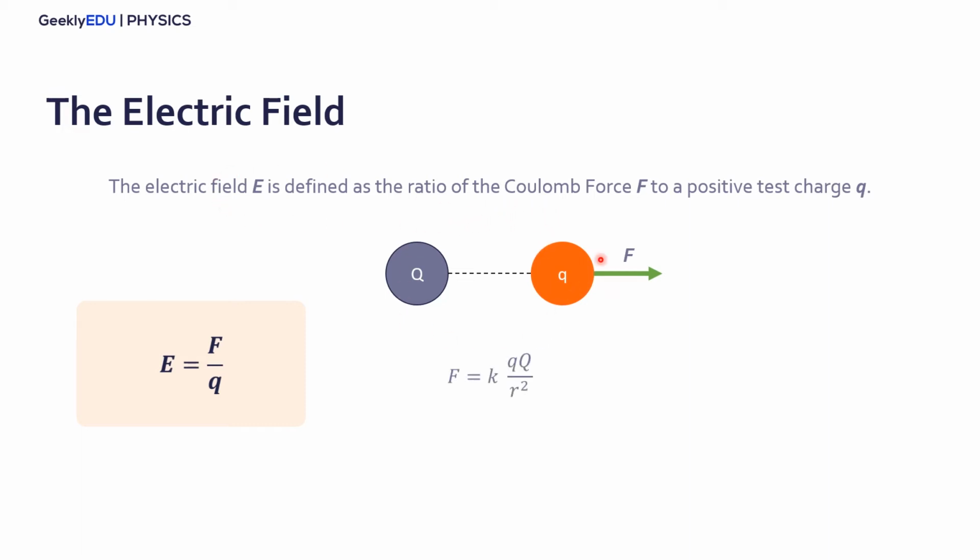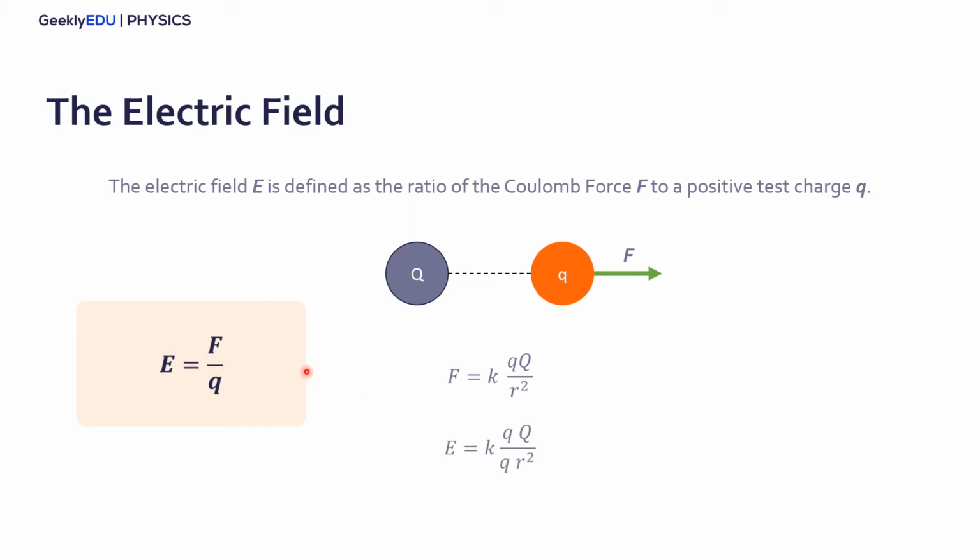Now, if you remember, that's the formula for the Coulomb force between two interacting particles. We have the constant, the charges of the two particles, and down here the squared distance. Let's add this force formula into the electric field formula.